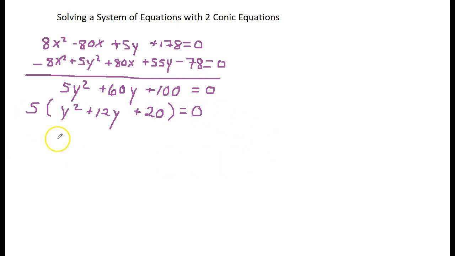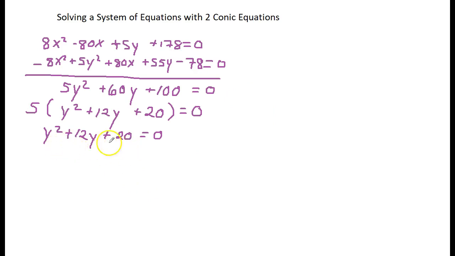Now, divide by 5, so I'm left with y squared plus 12y plus 20 equals 0. Okay, so this 5 here is like fluff, okay? It just goes away when we divide everything by the 5.